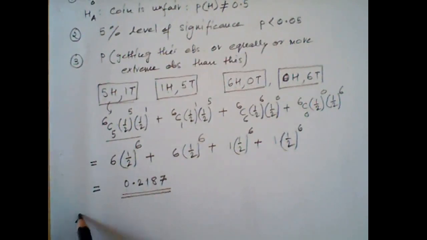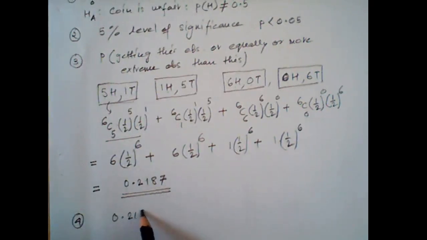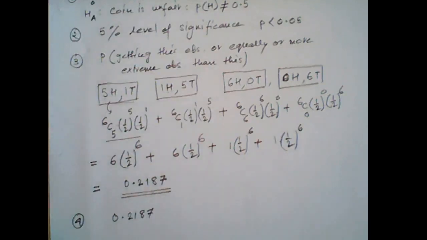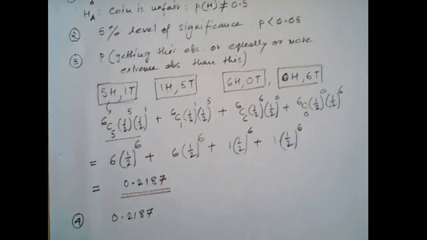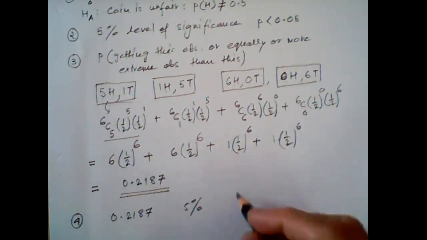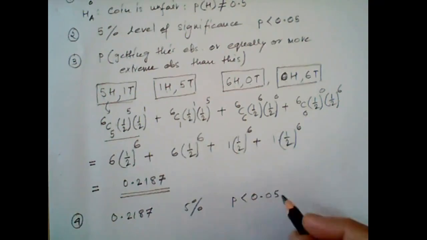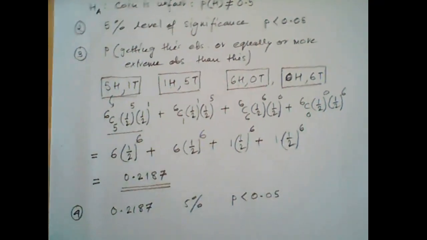Step number 4. Here you ask, what is the probability that you have got? The probability that you have got is 0.2187. What is your threshold probability with which you are working? Your level of significance that you have decided is 5%, meaning if the probability is less than 0.05, then you would reject the null hypothesis.